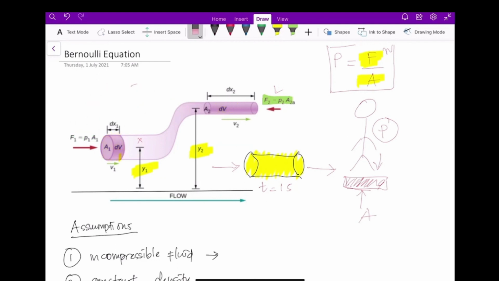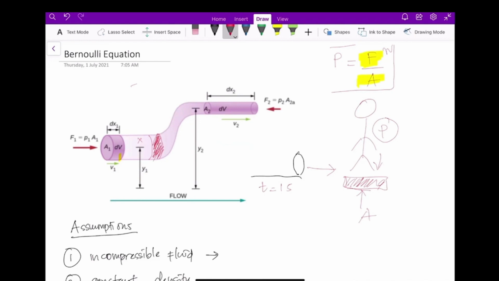Let me just erase all of this. Maybe now you want to put another differential element, let's say here. You can also apply this Bernoulli equation. Maybe we have a different surface area.